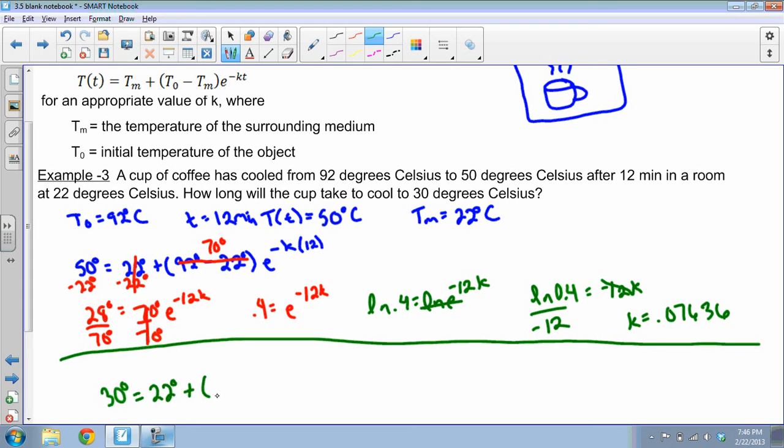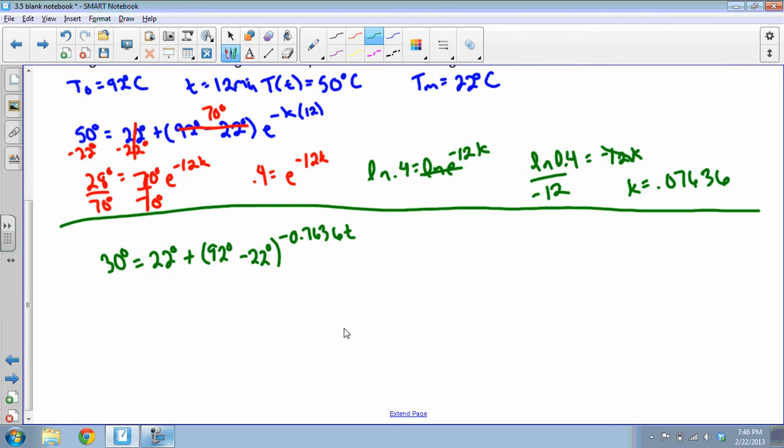Plus our initial temperature is the same. This is the same. But we're not going to plug in t. We are instead going to put in k. And if possible, maybe I can work it out to where I can use my second answer button in my calculator. All right, let's solve this.